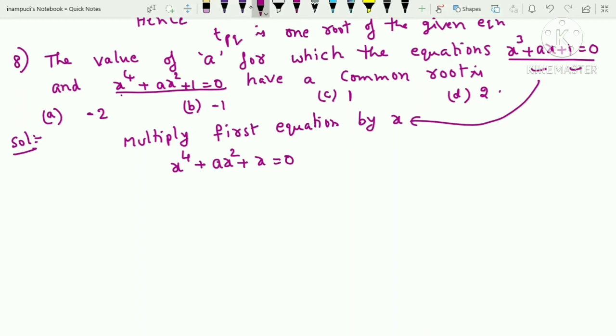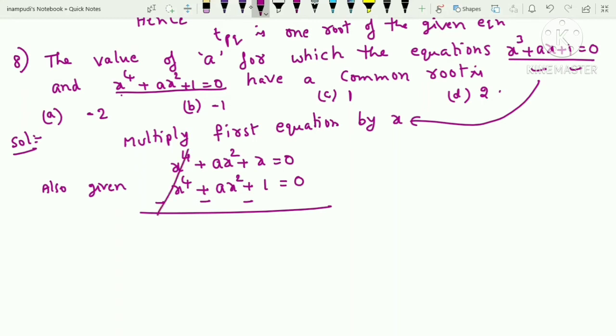The second equation is also given: x power 4 plus ax square plus 1 equal to 0. If we change the sign, x power 4 minus x power 4 cancels out. This is plus, this is minus, so this also cancels.